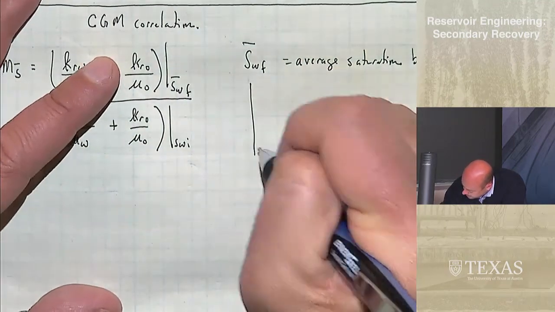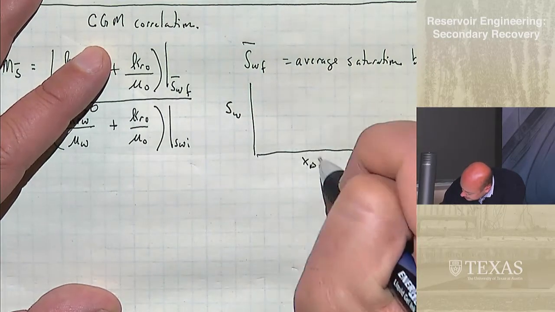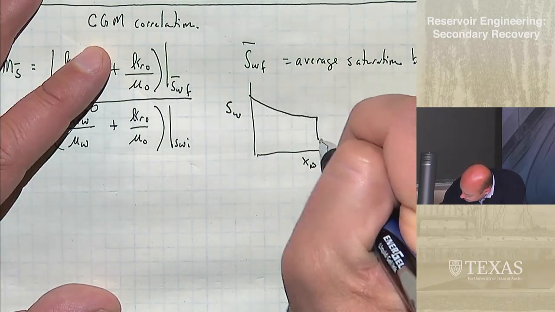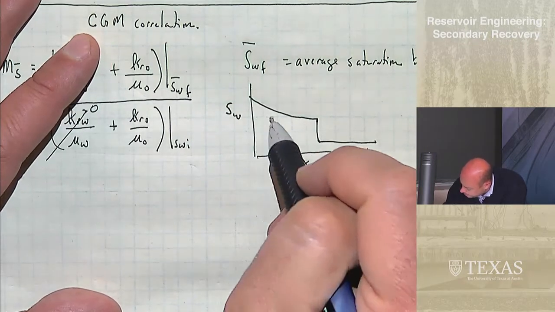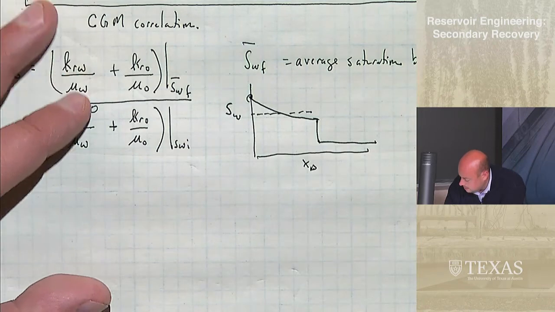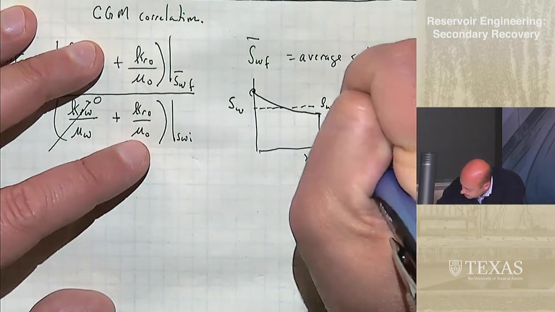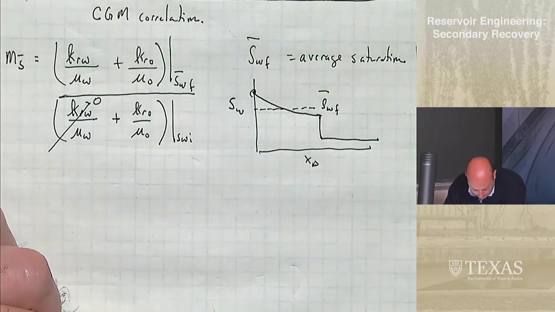So I'll just make a plot here. If this is SW versus XD, we've got this. What we want is the average saturation in this region, so it's something in between there. Okay, this would be SWF bar, and how do we calculate it?